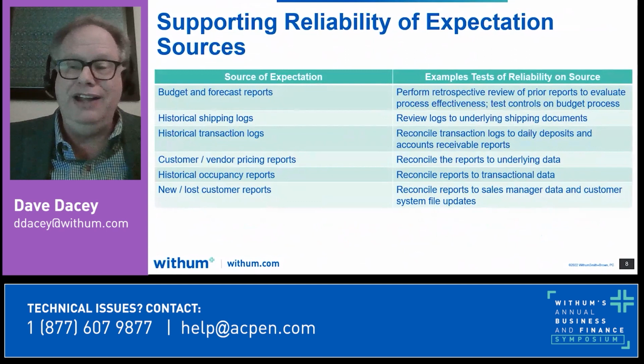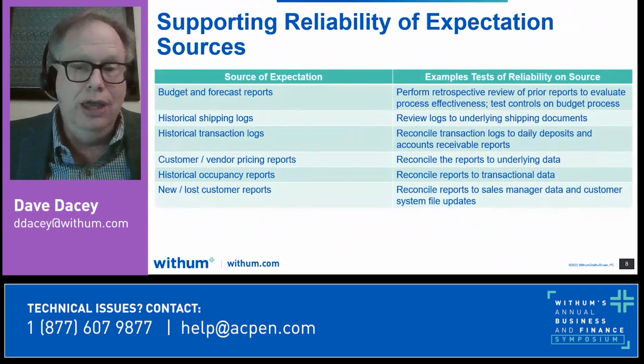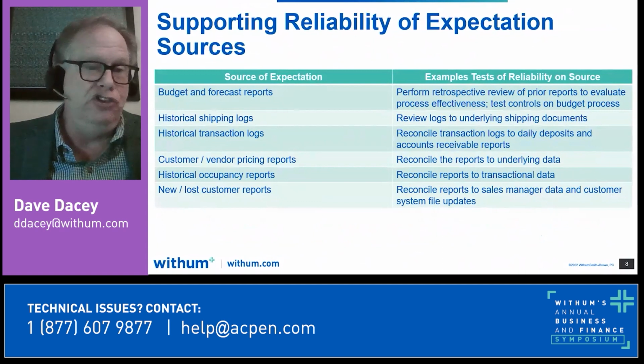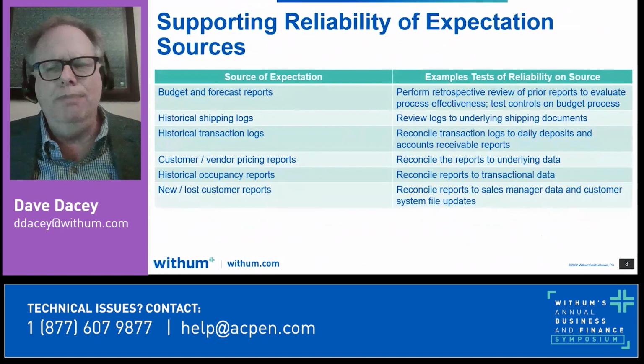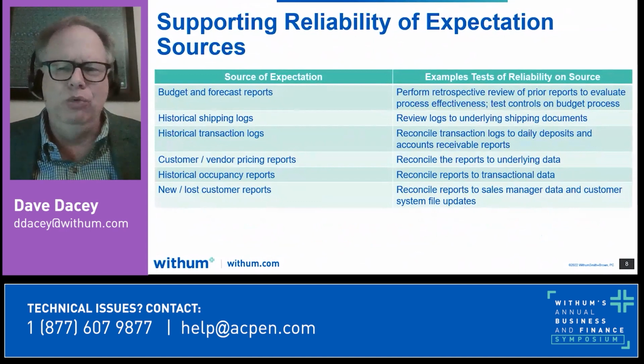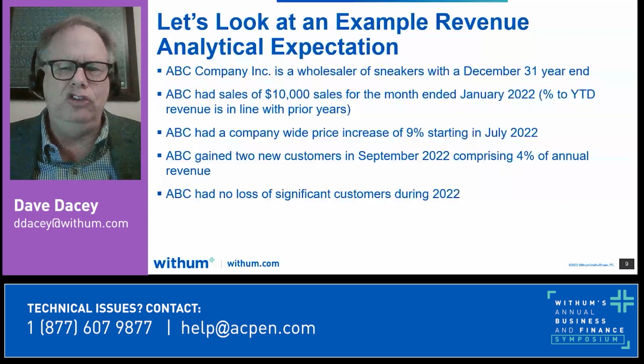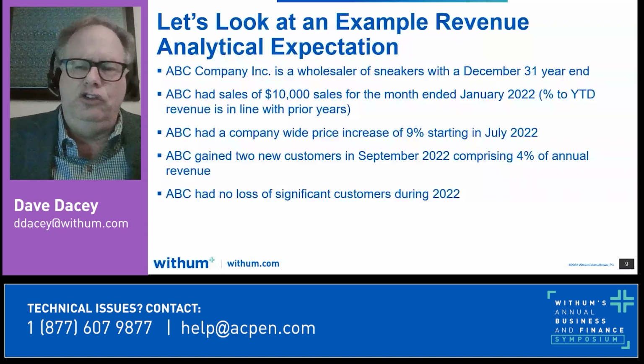Having a process to reconcile shipping logs to inventory movement or sales transaction counts can also be strong support for completeness and accuracy of something like a shipping log or a transaction log. What's important to note is if you want to place reliance on data used to develop an expectation, there really needs to be a process in place to evaluate the completeness and accuracy of that data.